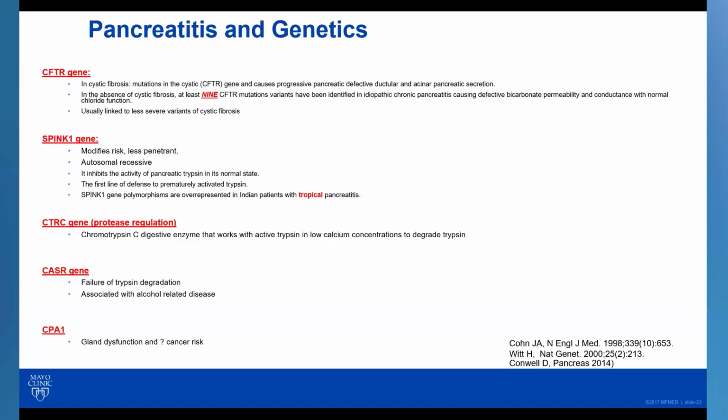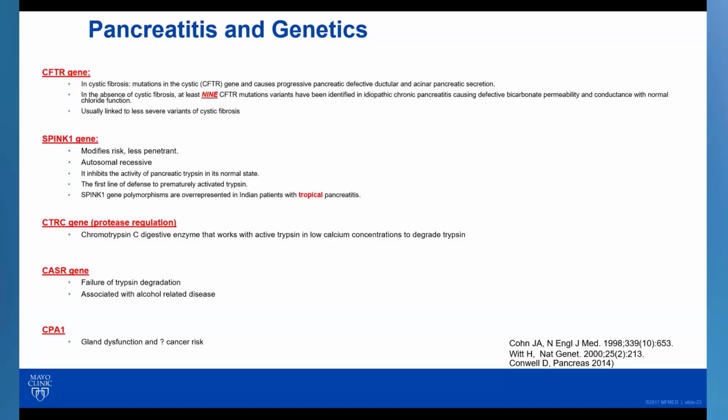This is a condition that will happen in the absence of cystic fibrosis, and we know that we have at least 9 mutations that have been identified and recognized in causing idiopathic chronic pancreatitis, and the list keeps increasing year to year. And luckily, we have some therapies that could be offered to modulate those genes and hopefully reduce the risk of recurrent acute pancreatitis in the future, as well as chronic pancreatitis.